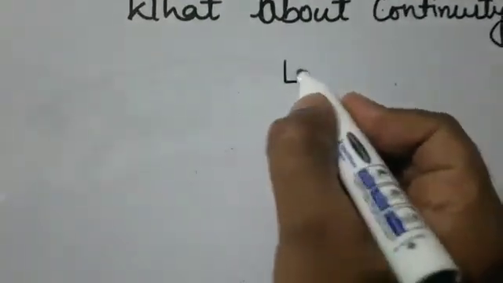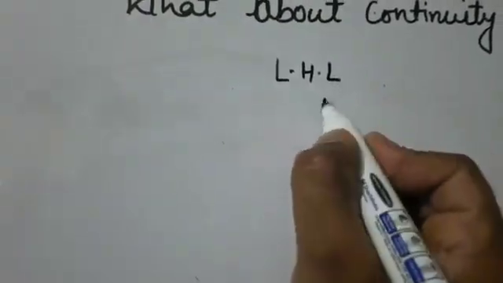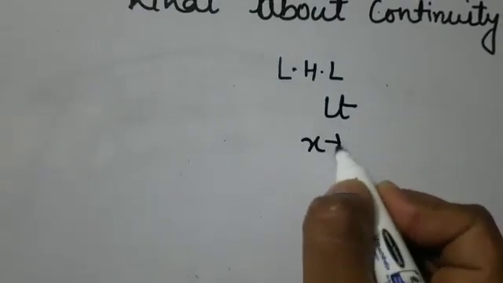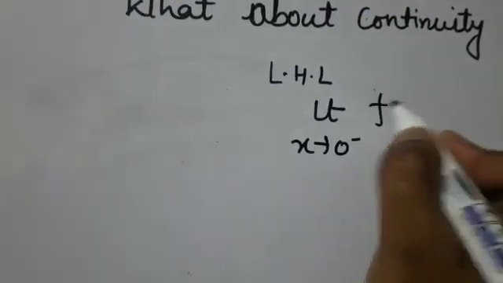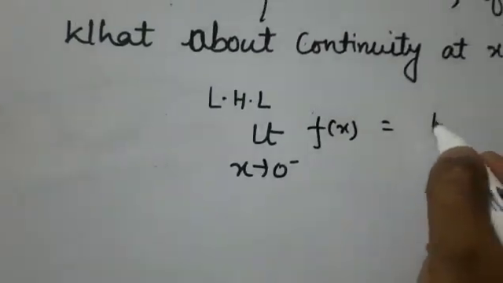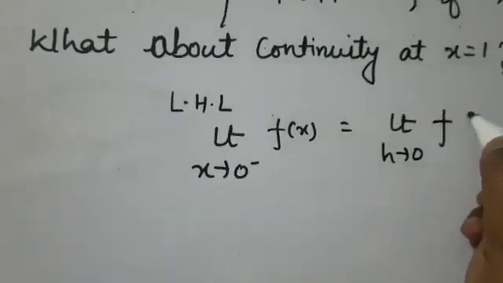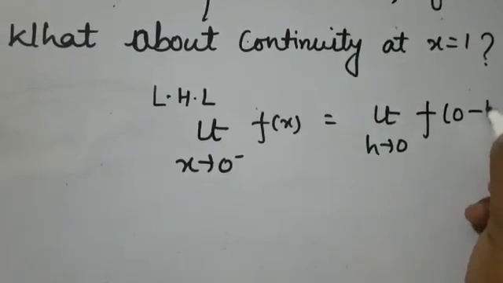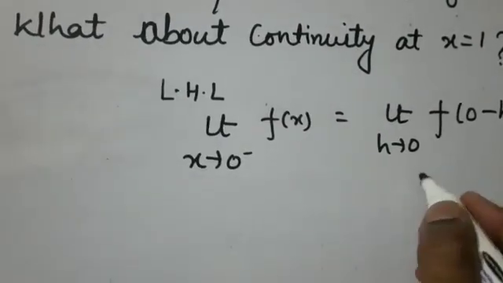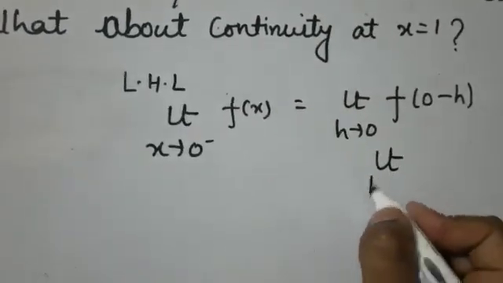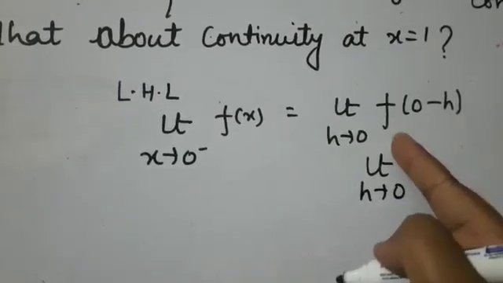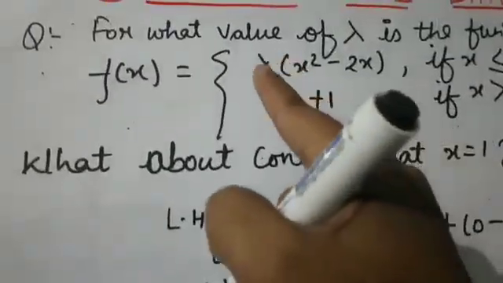For the left hand limit, x tends to 0 minus, f(x) is equal to limit h tends to 0 of f(0 minus h). Now what is our function at this point?